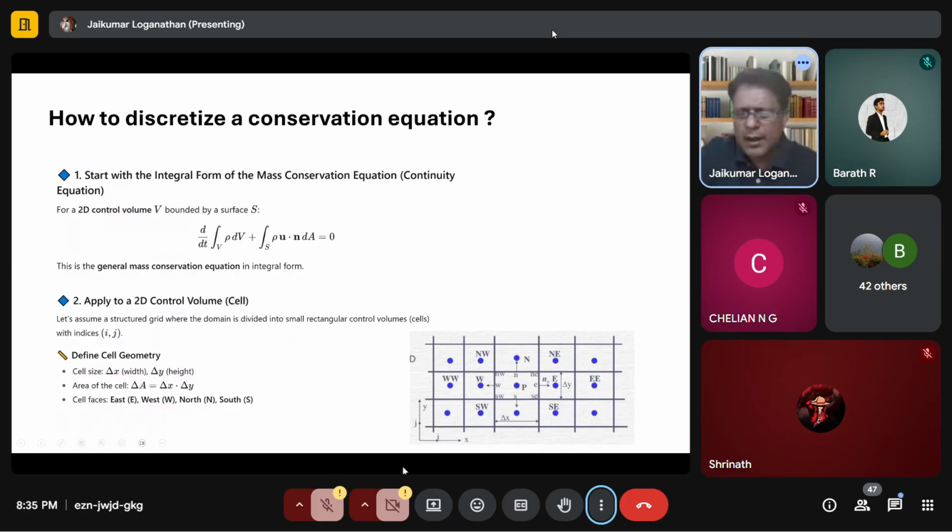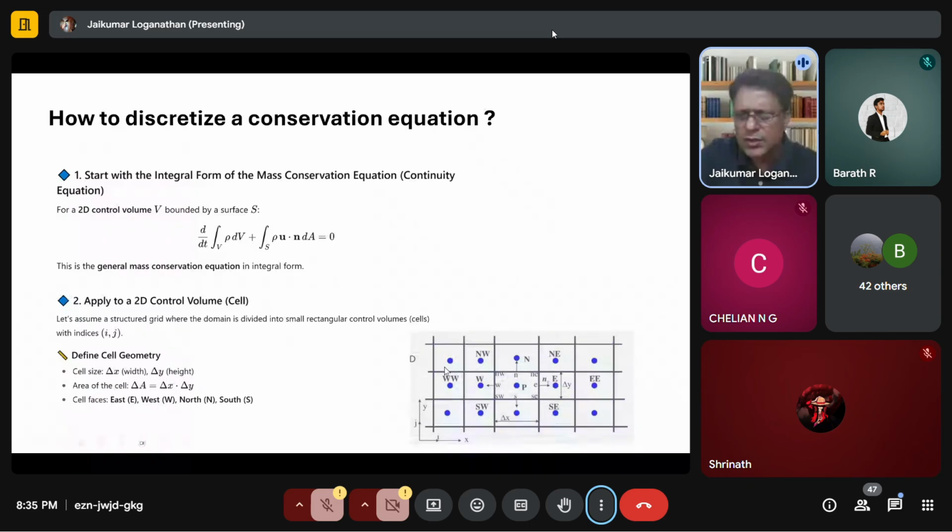And you see some nomenclature here. For this cell, there are certain neighbors. You have a neighbor cell in the north, and there's a neighbor cell in the west, east, and south. So for this fluid volume or cell, the flux is only going to come through these four surfaces.